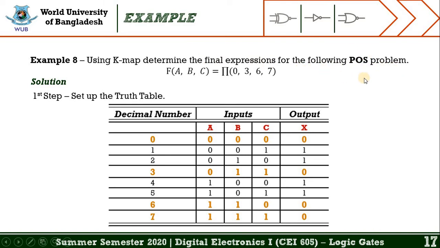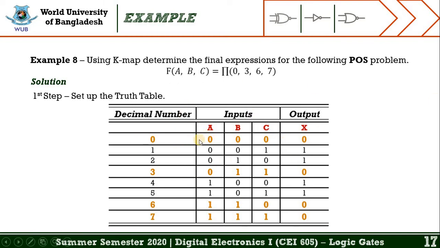POS stands for product of sum, and in this problem the number of inputs is 3. On the right side, pi is placed before the first parenthesis. So if a problem consists of pi like this, then we can assume that the problem is a POS problem. Okay, so there is no confusion about this. So let's start with the solution.